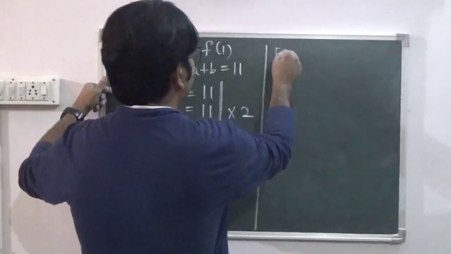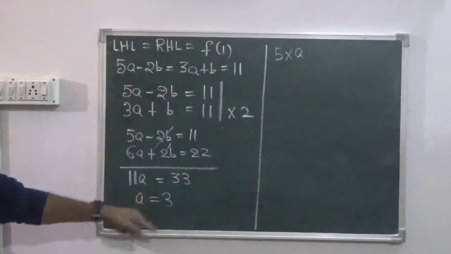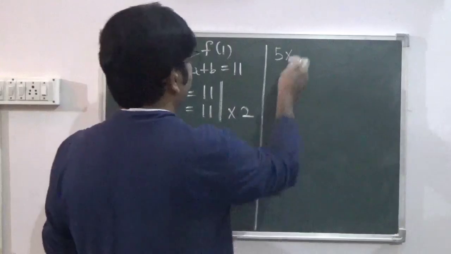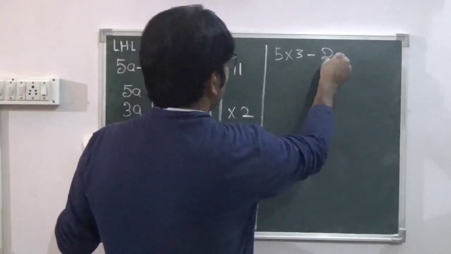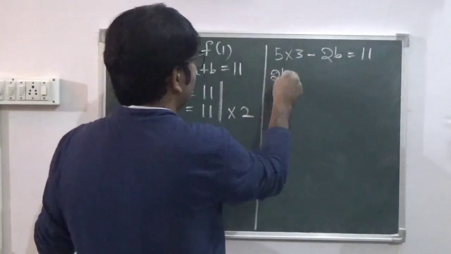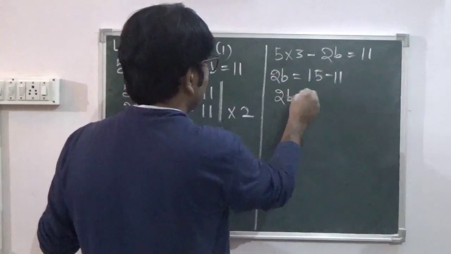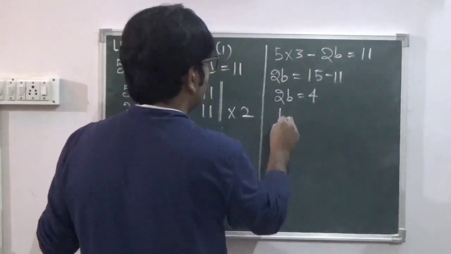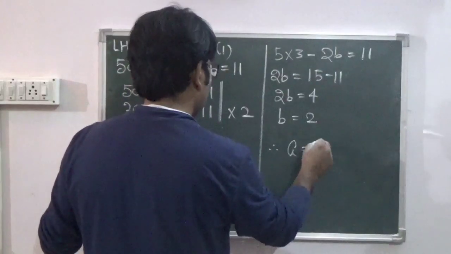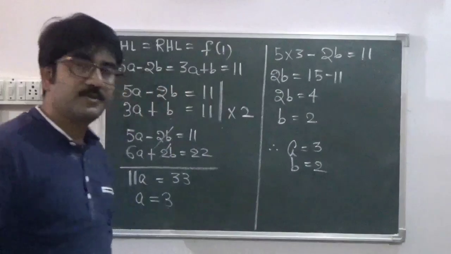So it is 5 into a, that is 5 into 3, minus 2b is equal to 11. So it is 2b equals to 15 minus 11. So 2b equals to 4 or b equals to 2. So therefore we have a equals to 3 and b equals to 2.